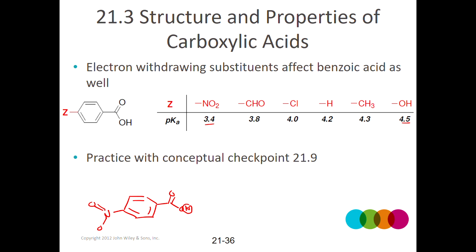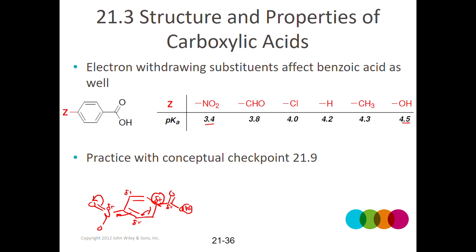So the idea here is, if this electron pair swings out to the oxygen, that will attract this electron pair out here and this electron pair over here, and that creates a partial positive there. As the electrons swing out, it creates a partial positive at every one of these positions. But the key is putting the positive here attracts electrons from the carbonyl, which creates a little bit more positive there.